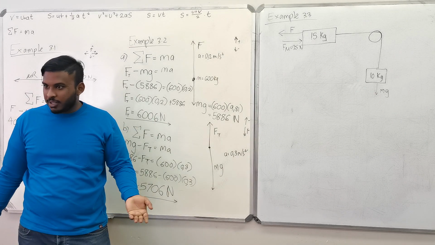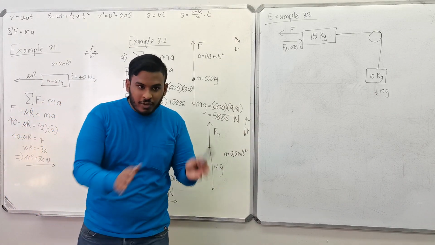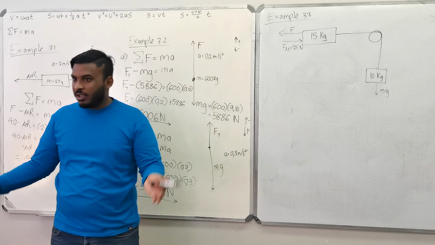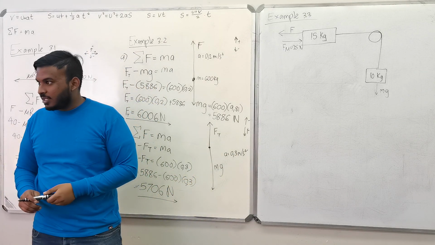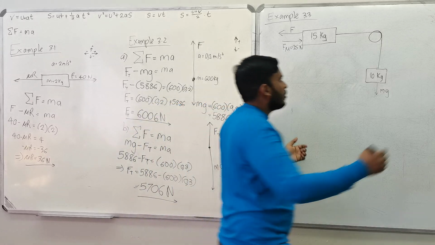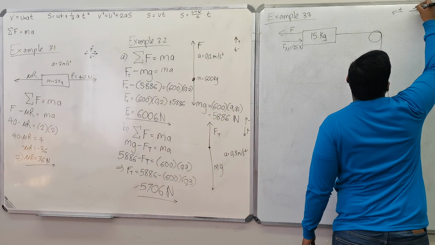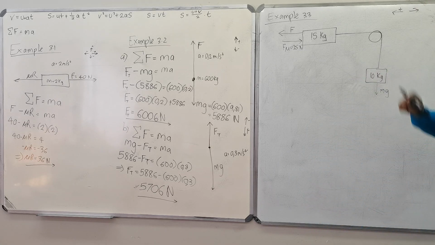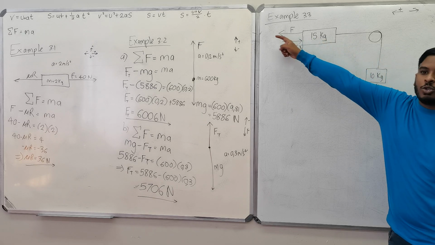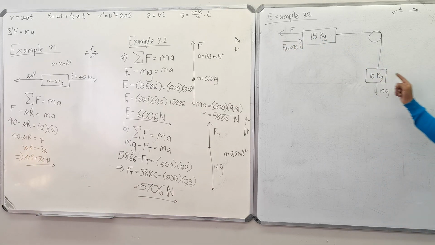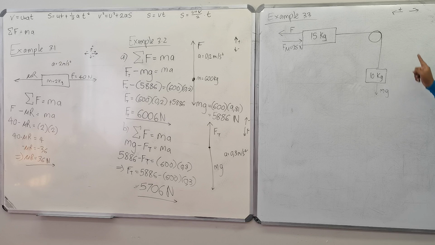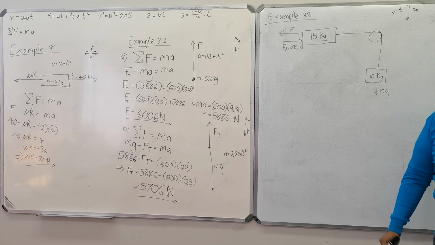To the left, so whatever is moving this object is to the left, so I take left as positive. In terms of up and down, when you pull this block to the left, the block moves up. So the applied force on this would be up: up as positive, down as negative.